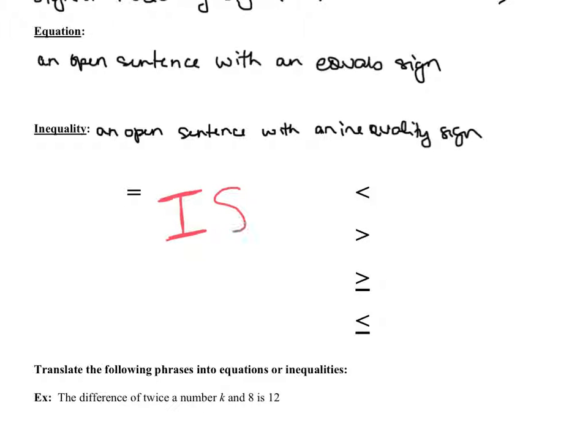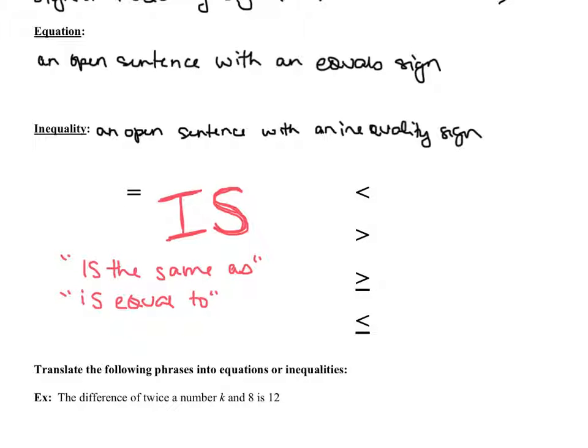So if you see the word is, you're going to have two sides. Now, if it's all by itself, not followed by anything else, it means equals. Some other things that are really obvious, but we'll say them anyway. If you see is the same as, that would mean an equal sign, or even more obvious, is equal to. But is the big one. That's what you're looking for. If you see the word is, it means you have an open sentence.